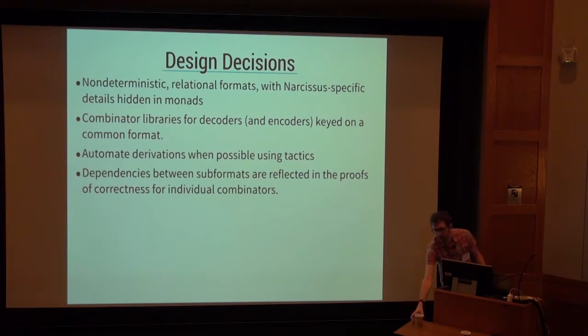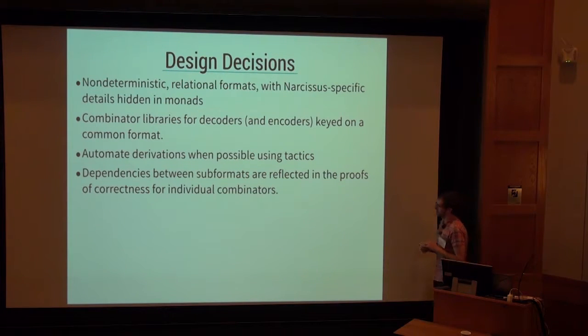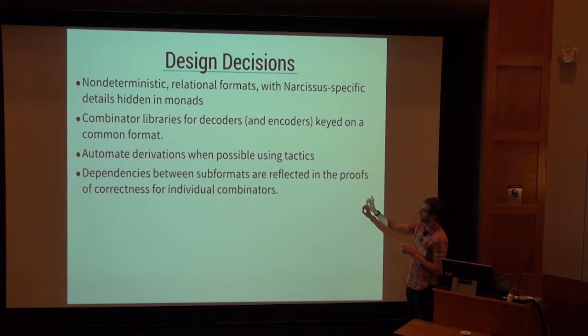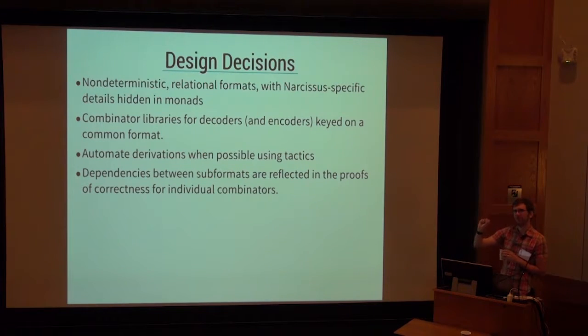Yes? Are there any restrictions on the predicates you can use to filter out? Indeed, there are not. You can actually put an arbitrary predicate in Narcissus. You could include an arbitrary source restriction, which means ultimately that you need to be a little careful about what you put in there, because you could put some undecidable predicate in there, and the decoder should then be a decision procedure for such an undecidable predicate, if this worked.